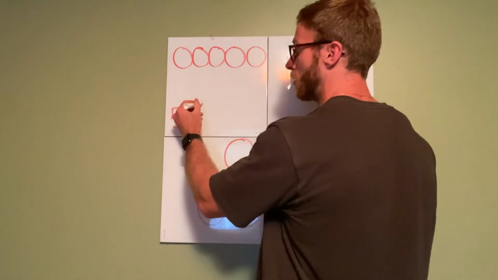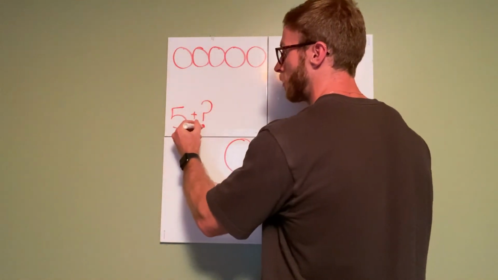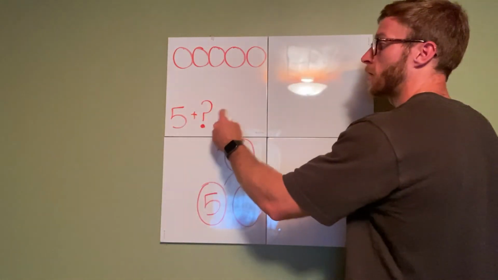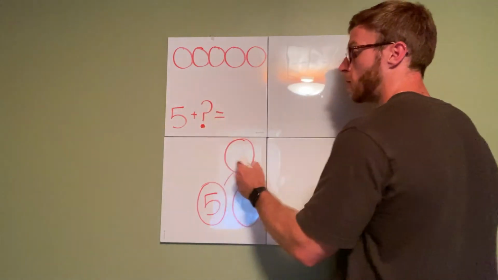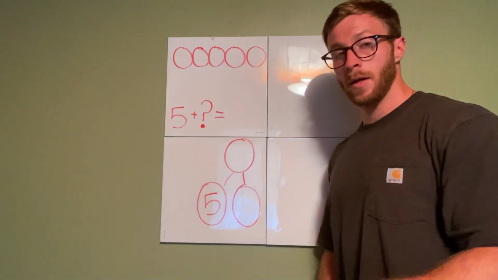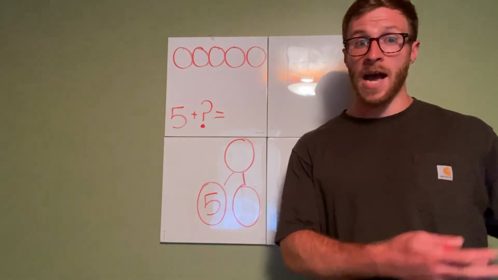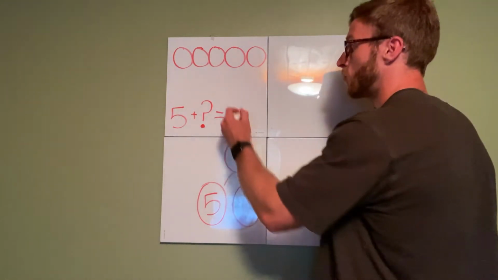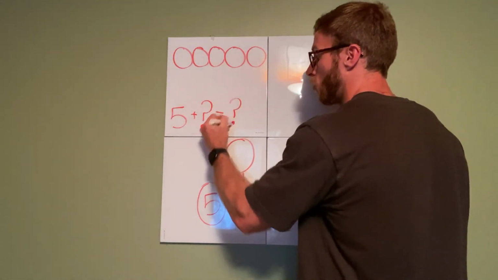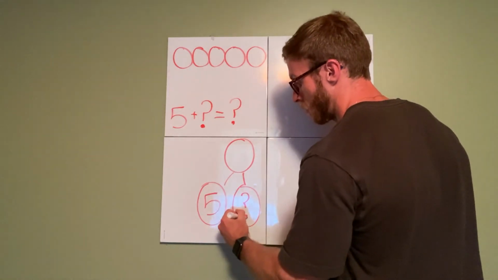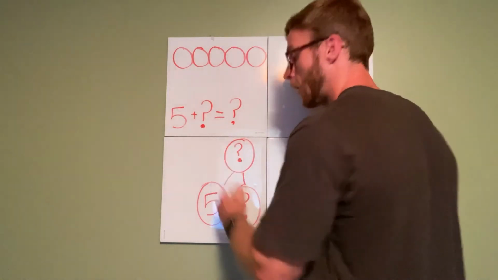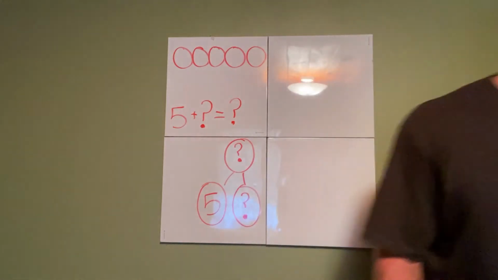So we're going to put a question mark. So part plus part equals whole. Do we know what our whole is yet? I don't know. Maybe we'll find it out. I haven't read the rest of the word problem. So we still don't know what our whole is. Let's keep reading, see if they tell us any more information.